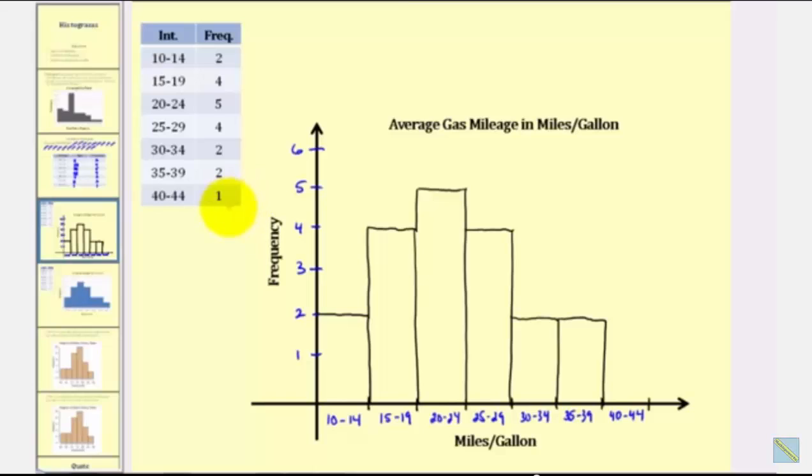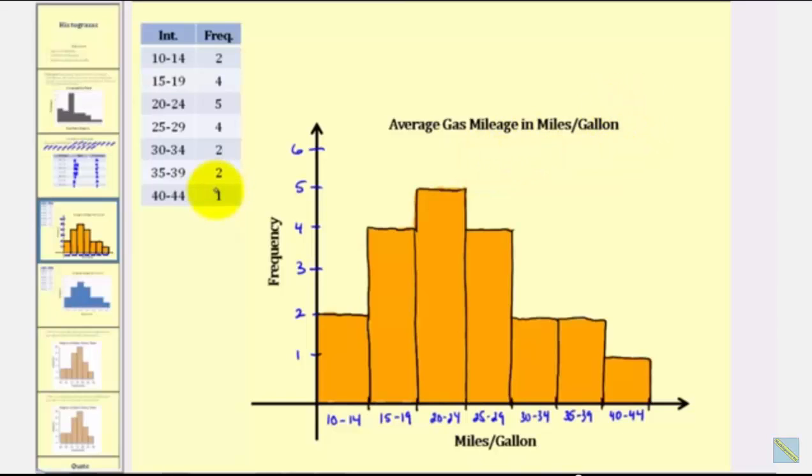And the last frequency is 1. And here's our histogram. And once again, we can see that the mode would be the interval from 20 to 24 for this data of average gas mileage in miles per gallon.